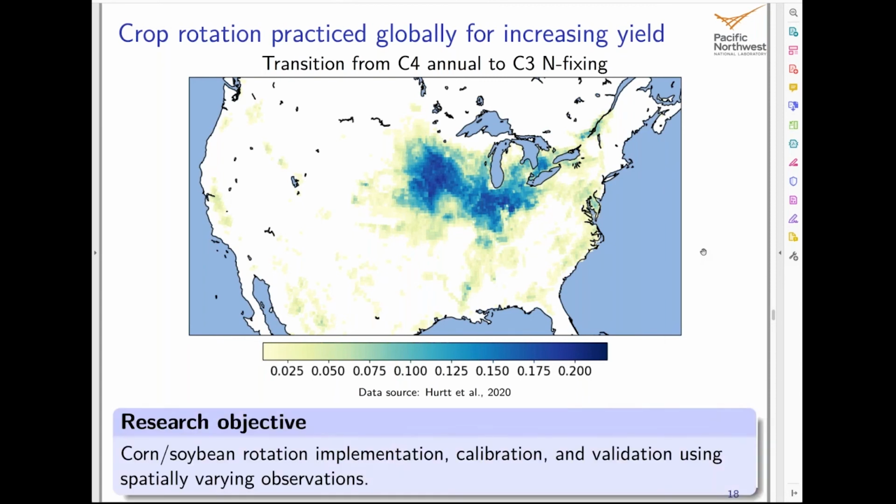So my current work focuses on implementing corn-soybean rotation and calibrating and validating the model using spatially varying observations. And this is because for corn and soybean, there have been several study sites across the US collecting data for corn-soybean rotation across the Midwest. So we wanted to utilize data from more than one location for validating and calibrating the model.